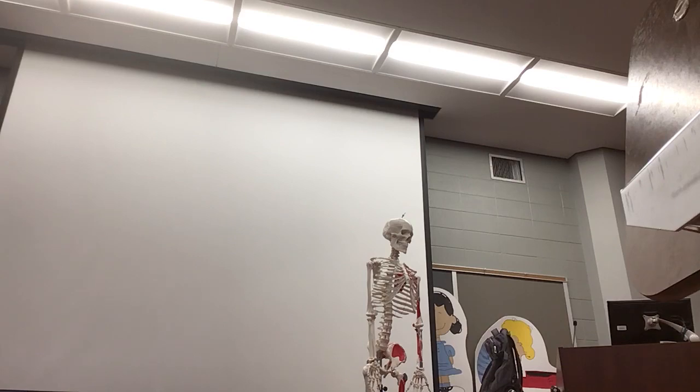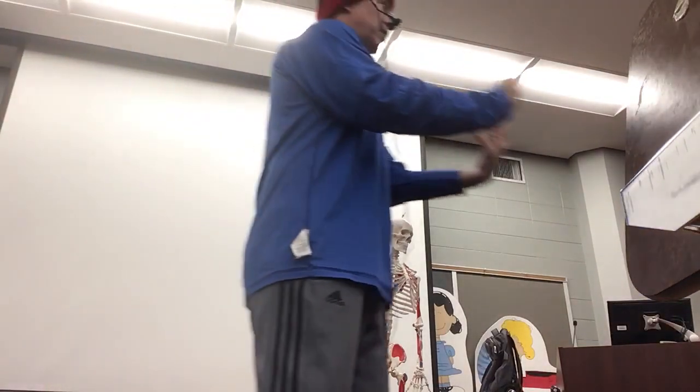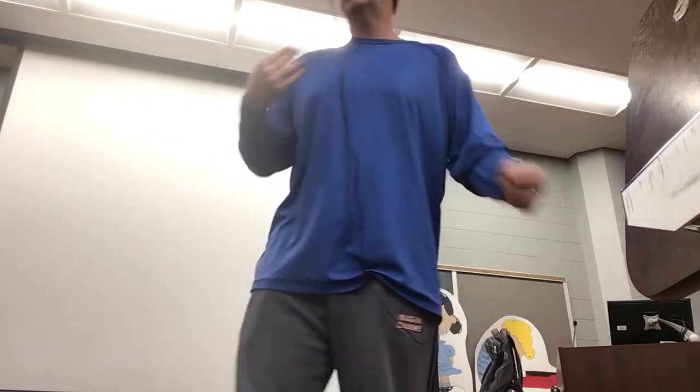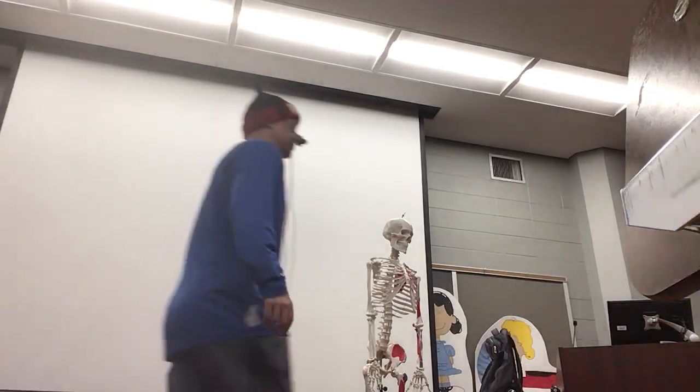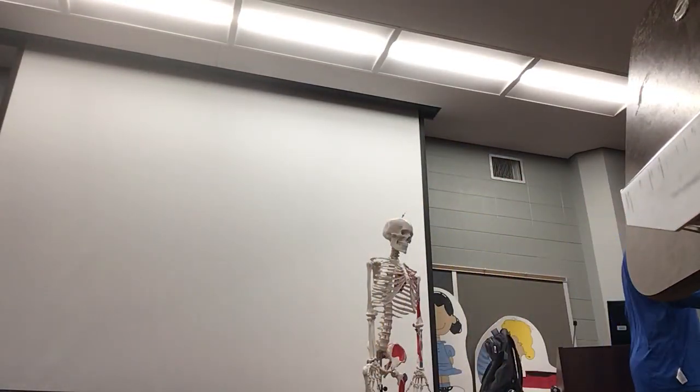I start here, and I do this. And again, I don't care about little subtle things. I'm talking about obvious motion. There's one side, one joint, and one motion that had very significant motion in it. That's what I want you to tell me. Left side, left side. Okay, ready?